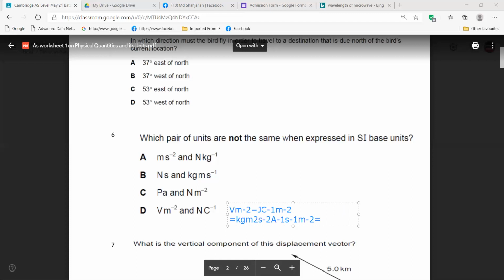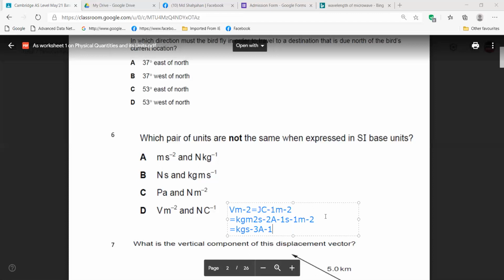Then finally what we are getting, meter minus 2 and meter square, they will be cut, right? And we have kg, then s minus 3, then a minus 1, right? In terms of base unit we wrote volt per meter square.